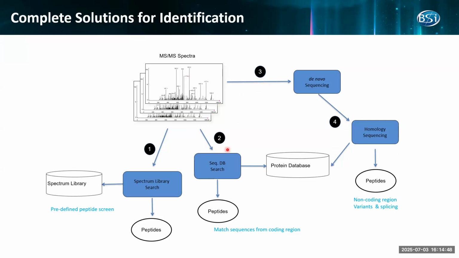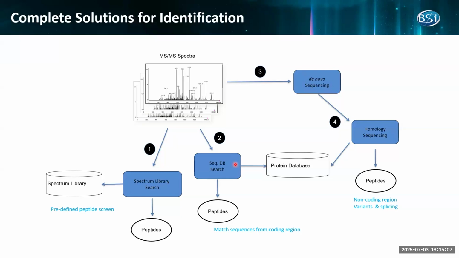Besides those three, PEAKS also has another one we call homologous search. The homologous search was designed for the case where we have de novo sequencing and a database. Can we find a better sequence considering both?